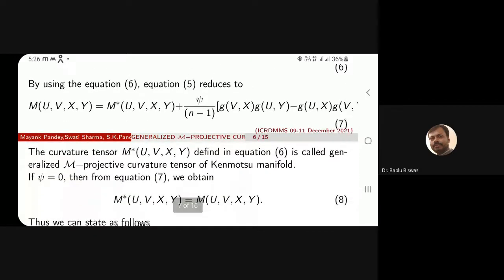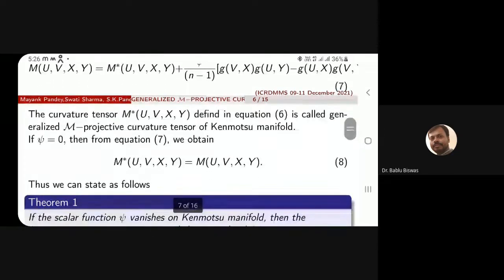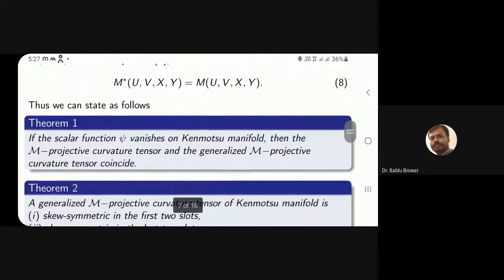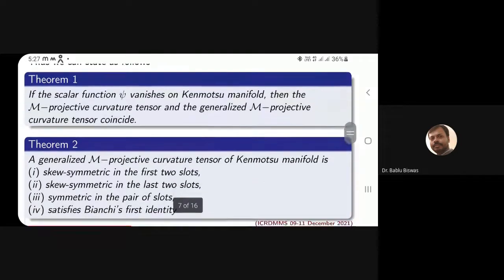The curvature tensor M star UV XY defined in equation 6 is called the generalized M-projective curvature tensor of Kenmotsu manifold. If psi is equal to 0, then from equation 7 we obtain that the generalized M-projective curvature tensor is equal to the M-projective curvature tensor. Theorem first: if the scalar function psi vanishes on a Kenmotsu manifold, then the M-projective curvature tensor and the generalized M-projective curvature tensor coincide.